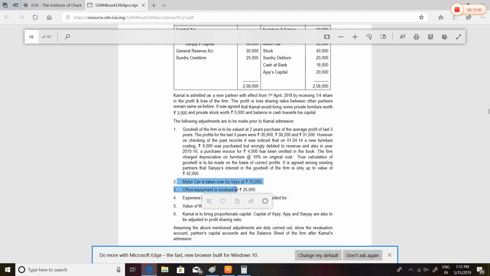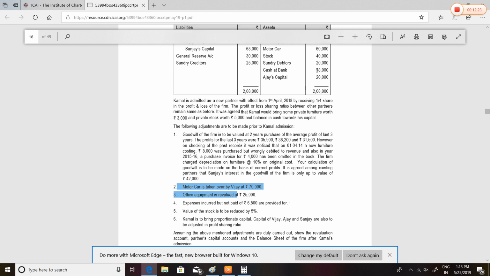Motor car is taken over by Vijay at rupees 70,000. What motor car? See the value of motor car. Motor car was of 60,000. That means it has been overvalued. It gave us a profit of rupees 10,000.